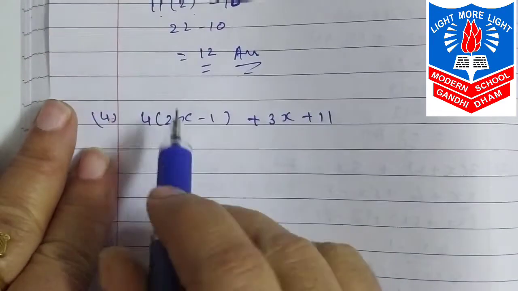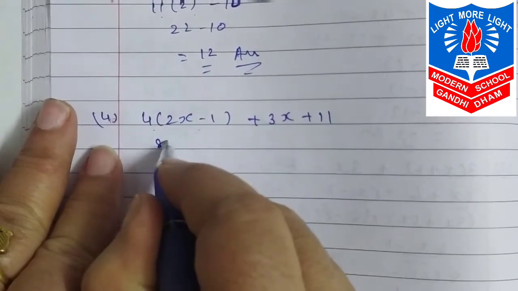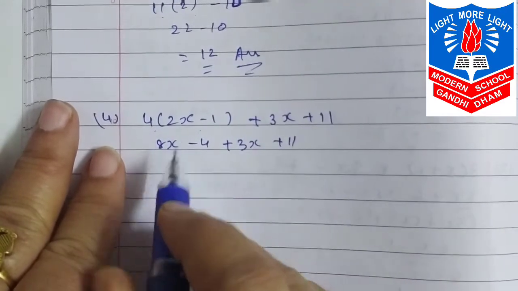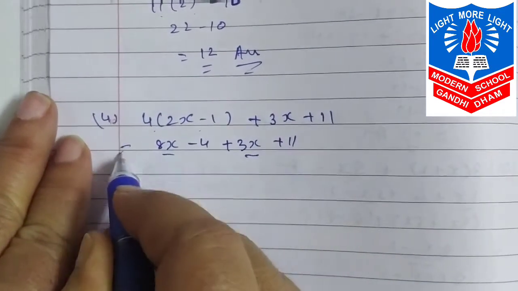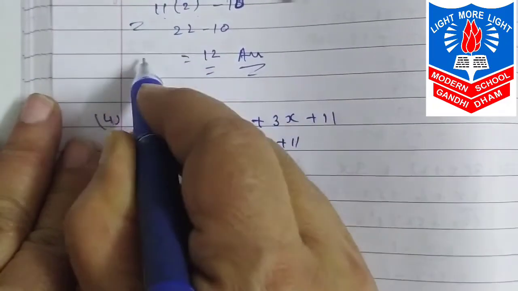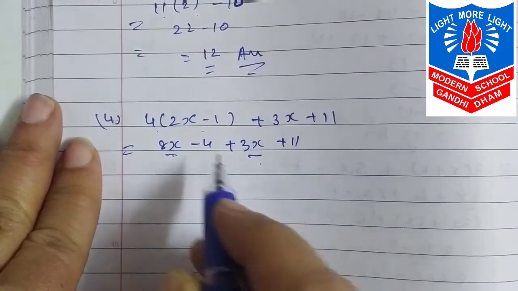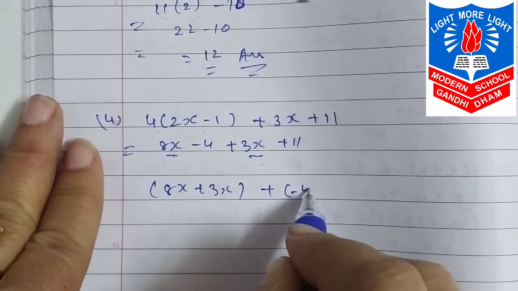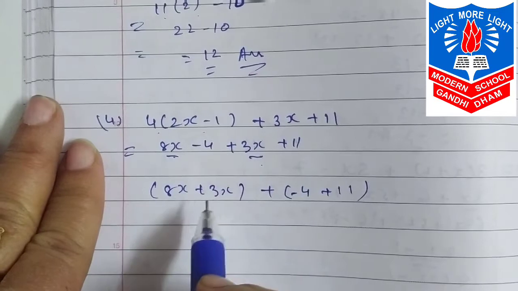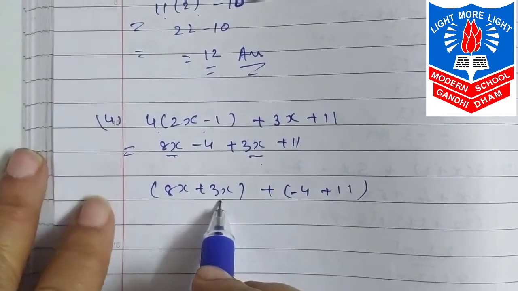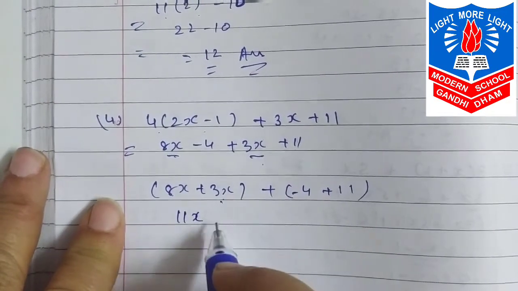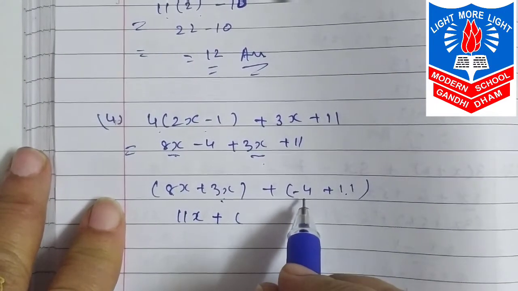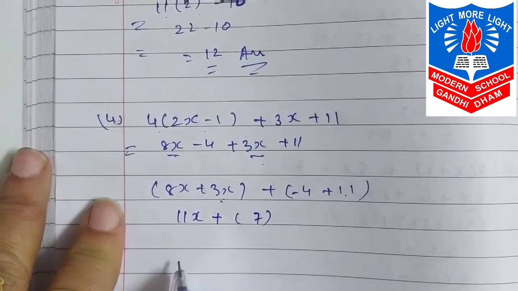Okay, now here same way, 4 into 2x is 8x minus 4 plus 3x plus 11. Arrange like terms. Here we keep the equal to sign. 8x plus 3x, minus 4 plus 11. 8 and 3 make 11x, plus here 11 minus 4 is plus 7.